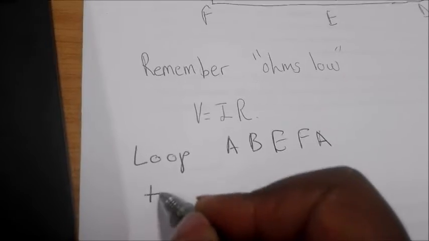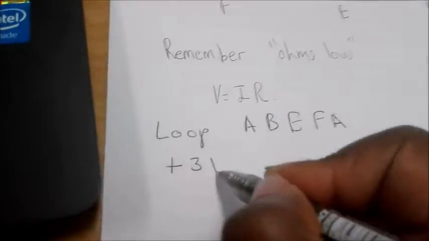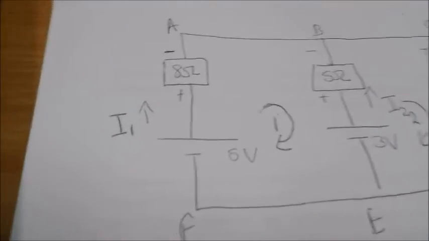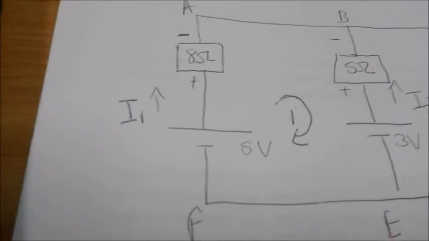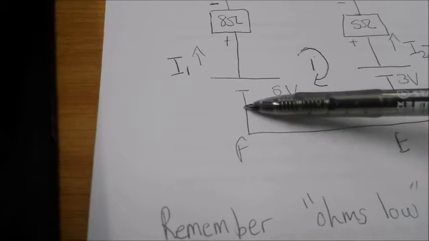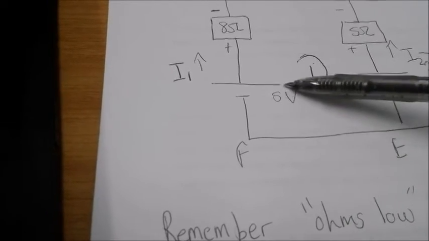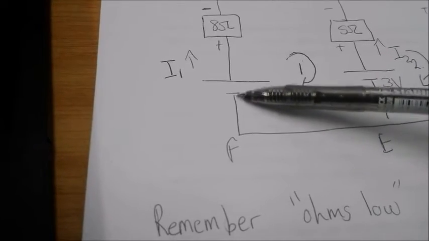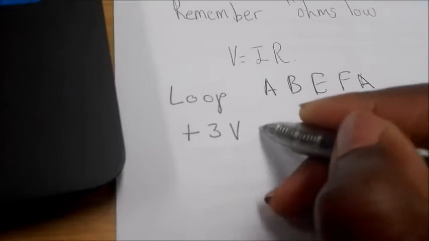So I can write it down by saying plus 3 volts. And then you carry on to the side. There's no power source again. There's another power source here, which is the 5 volts, but we're now entering the negative. So now we're going to say minus 5 volts.